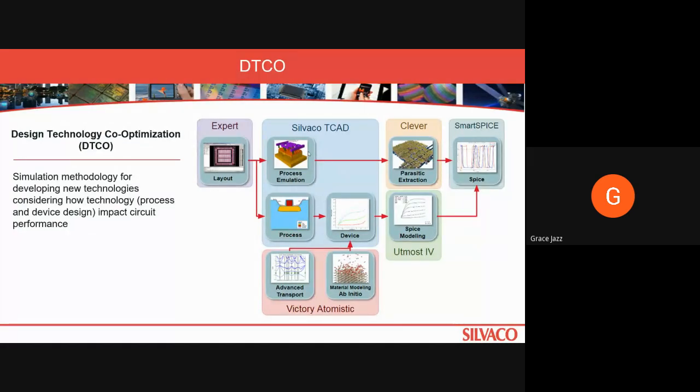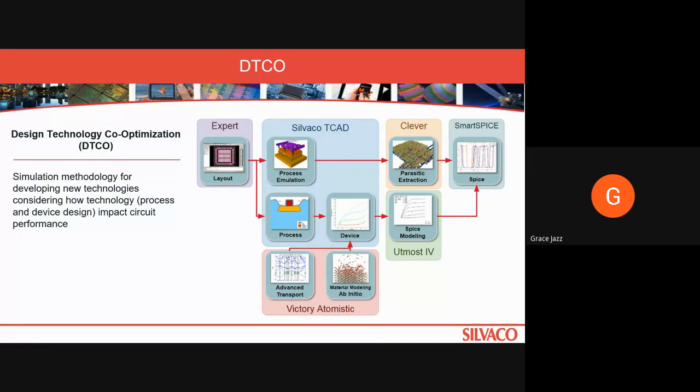Then we can also do very detailed process simulation, such as implantation and spacer, to get the process structure, then do device simulation, then extract the IV curve for your device. Then we can use our tool called Atomos to extract your SPICE model. Then combine your SPICE model, your netlist, and your back-end RC to do a SPICE simulation.